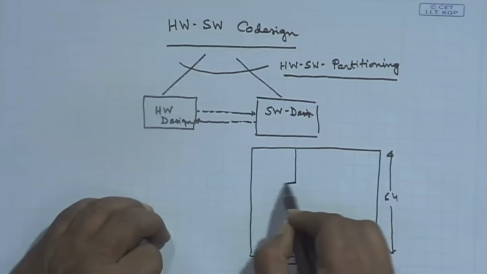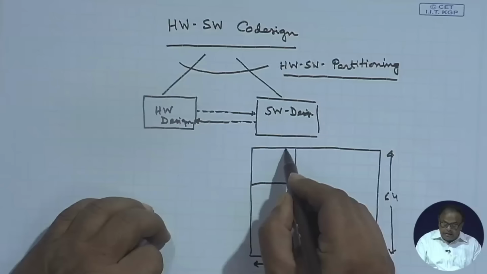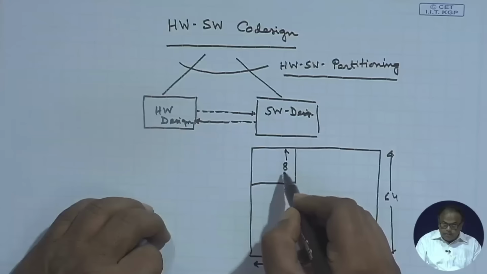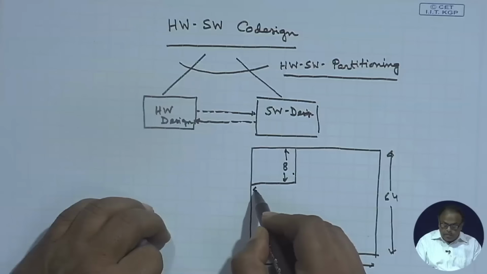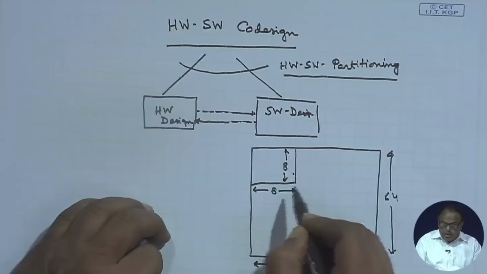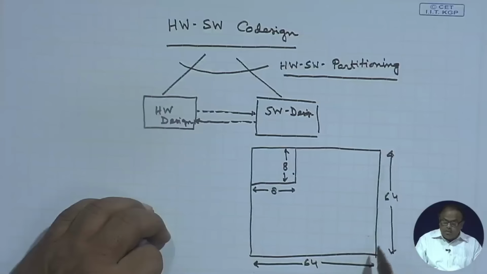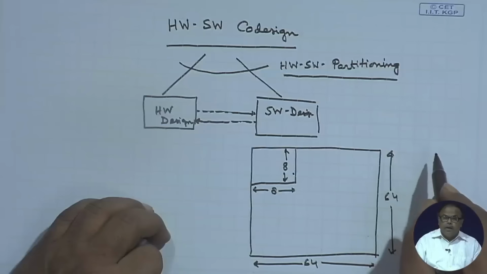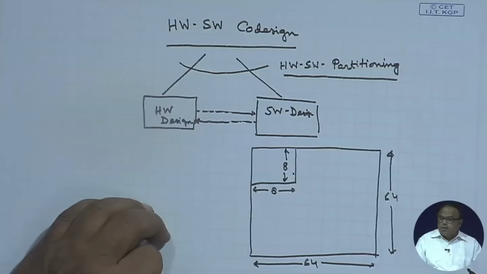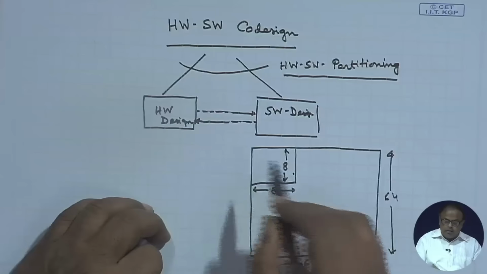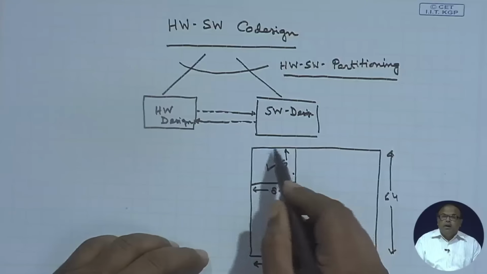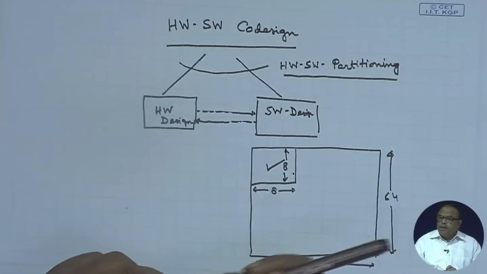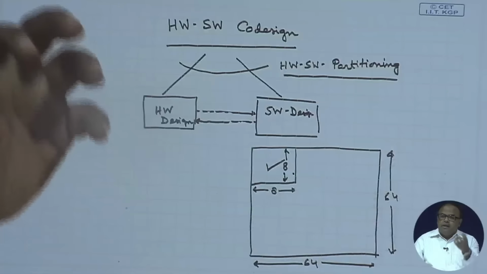We are breaking them into 8 by 8. That means, how many such blocks will I have? 64 blocks, right. I will have 64 such blocks, and we will be carrying out the compression and everything on each of these blocks separately. That means, at a time I will take one of these blocks and work on that.